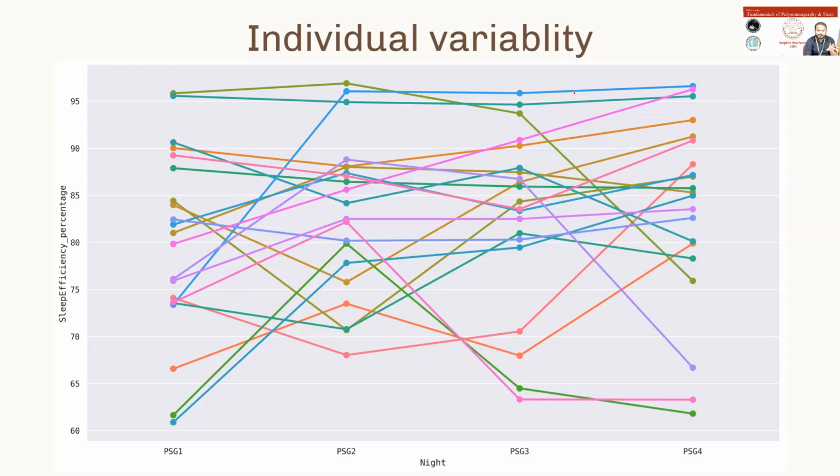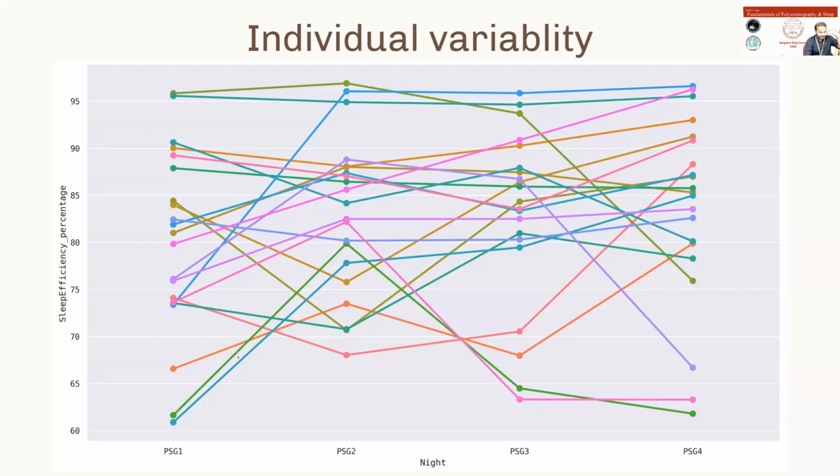Bulk of these people were staying with us on campus, and they were properly rested; only then did we take them for our study. Irrespective of that, I want you to focus on a couple of people. For example, take this particular subject, the pale green color: first night, second night, third night, excellent sleep efficiency. For some reason, on the fourth night sleep efficiency fell down to 76%.